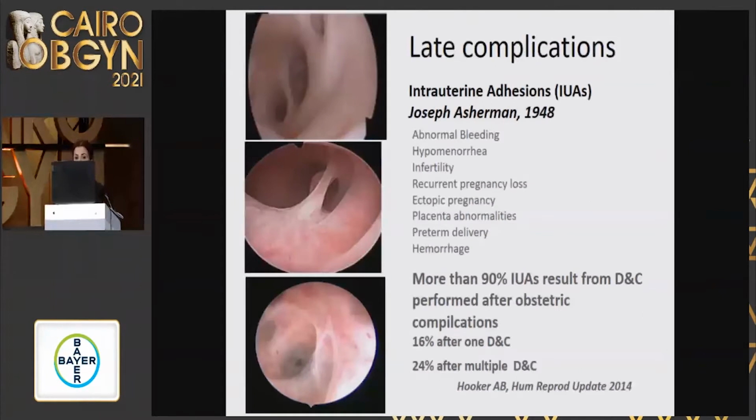But we also have late complications, which are uterine adhesions and Asherman syndrome, which give the patient abnormal bleeding, hypermenorrhea, infertility, recurrent pregnancy loss, ectopic pregnancy, placenta abnormalities, preterm delivery, and hemorrhage. We must note that more than 19% of uterine adhesions result from DNC performed after obstetric complication, 60% after one DNC, 24% after multiple DNC.